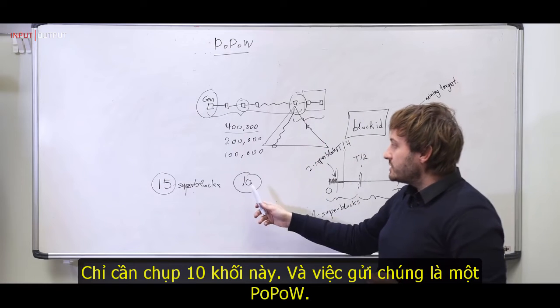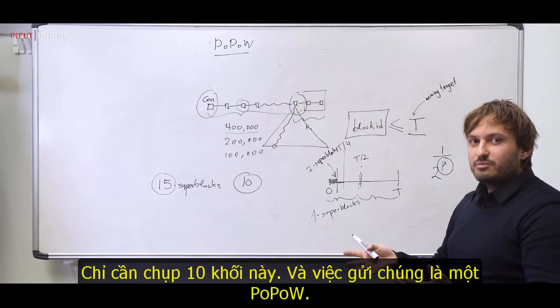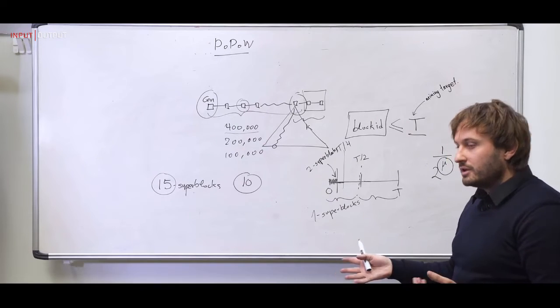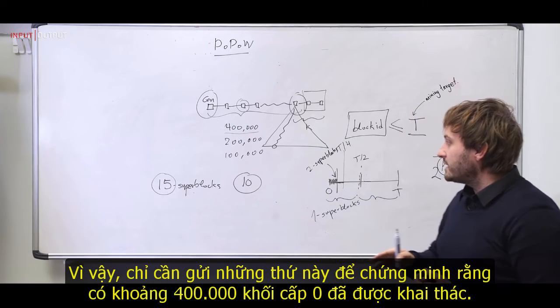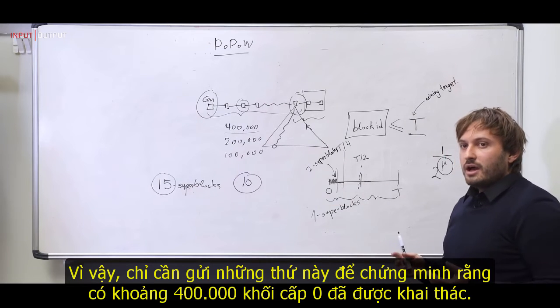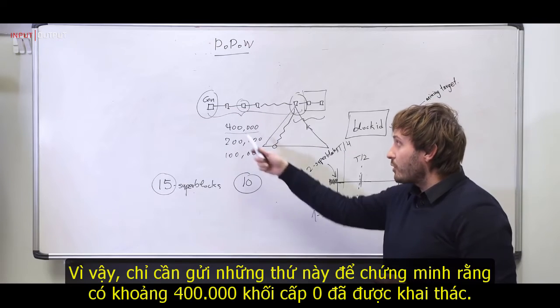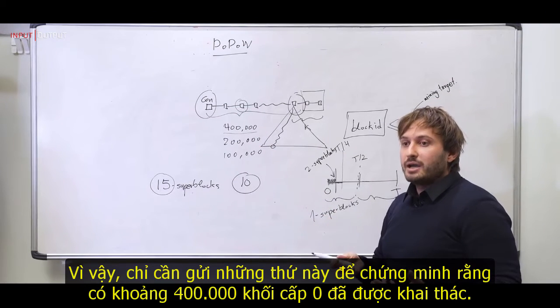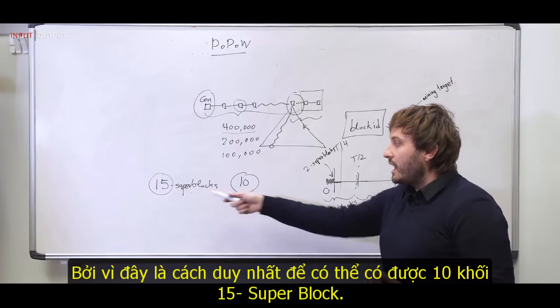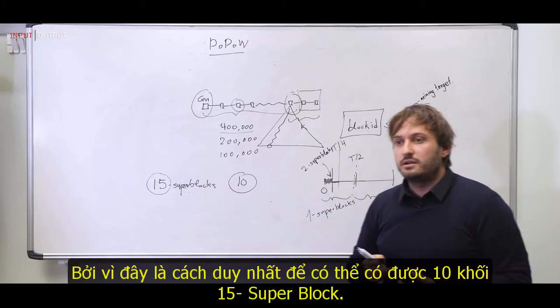So just capturing these 10 blocks and sending them is a proof of work. So we can just send these, and this should be sufficient to claim to someone that, look, 400,000 blocks of level 0, or approximately so many, have been mined, because this is the only way I could get 10 blocks of level 15.